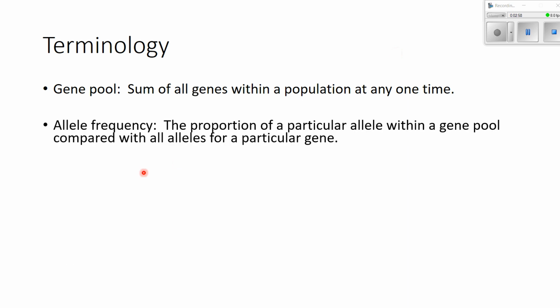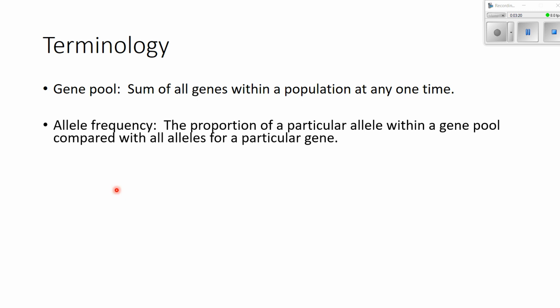Another one that gets tossed around a lot is allele frequency, or allelic frequency. Sometimes instead of an E on the end, you'll put IC. It's the proportion of a particular allele within the gene pool compared with all the alleles for a particular gene.